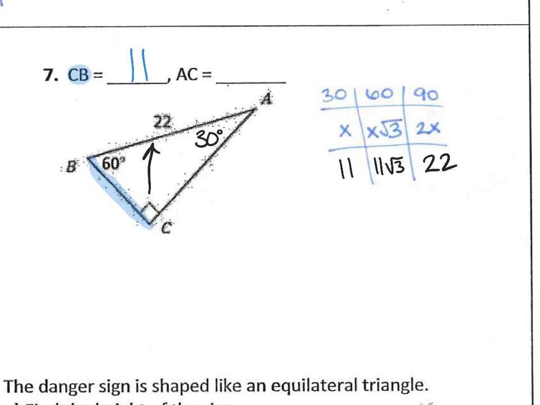If I go from A to C, like the second part says, that is across from which angle? From the 60. So the 60 column says that that side length should be? Keep going. 11 square root of 3, yes. Which I know, again, you can put in a calculator, give me a decimal approximation. I don't want that for these math problems. I'll really only want decimal approximations for real life problems, like our TV problem on the front page.